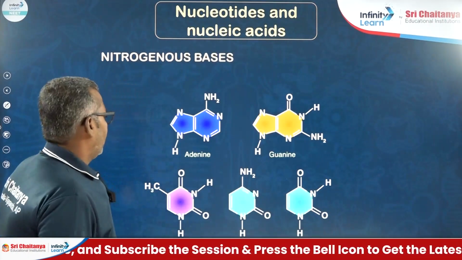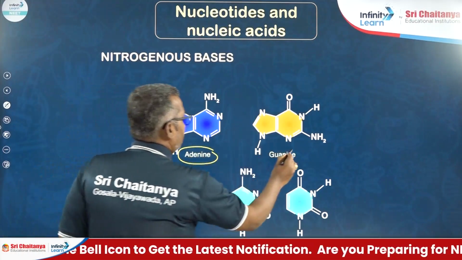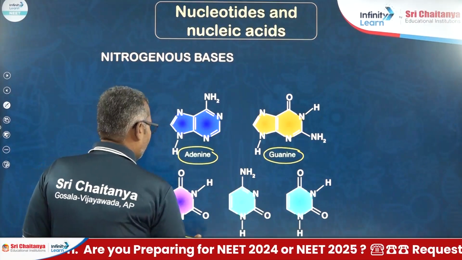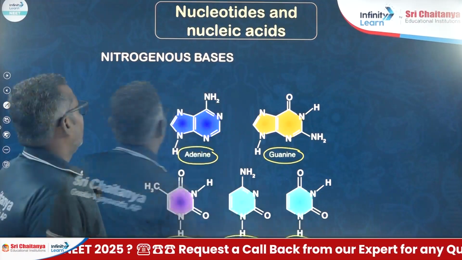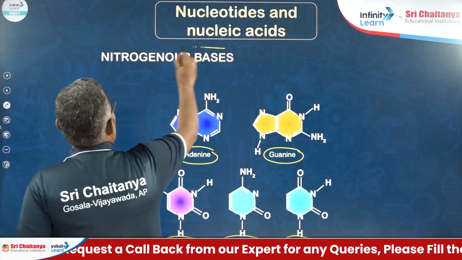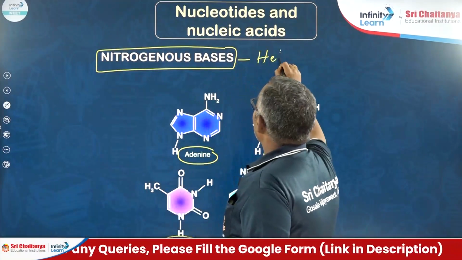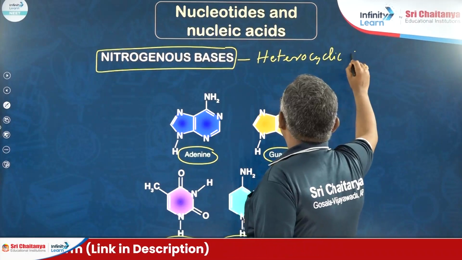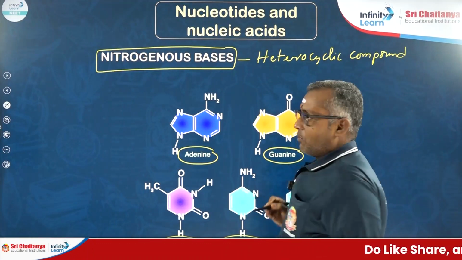Nitrogen bases include adenine, guanine, thymine, cytosine, uracil. These nitrogen bases are heterocyclic compounds. Why are they called heterocyclic compounds?